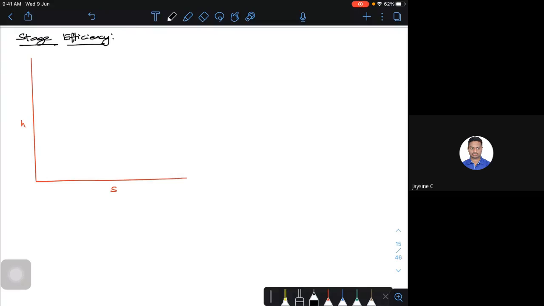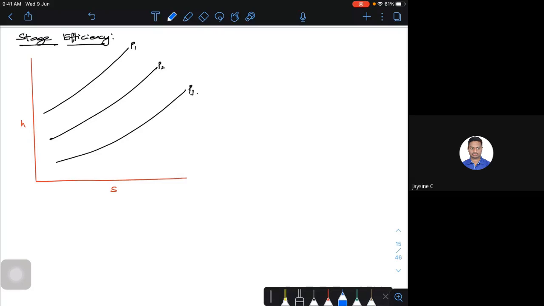Let me take two stages. They are all pressure lines going like this, and this is one more pressure line. This is my P1, P2, and P3. If it is a complete isentropic expansion, I'll be getting a simple straight line from point 1 to point 2.